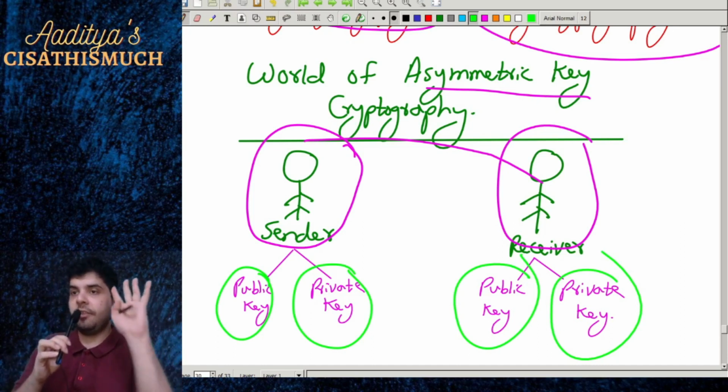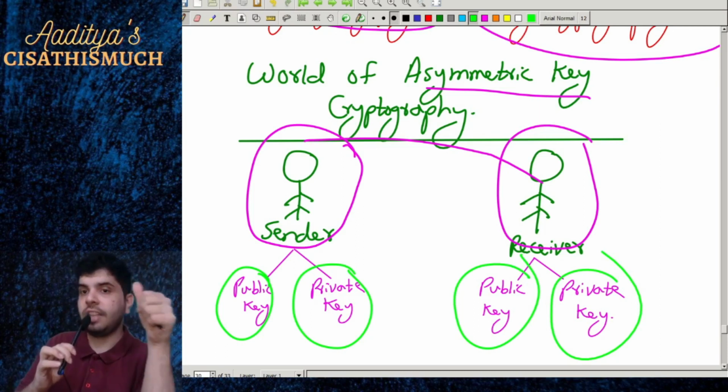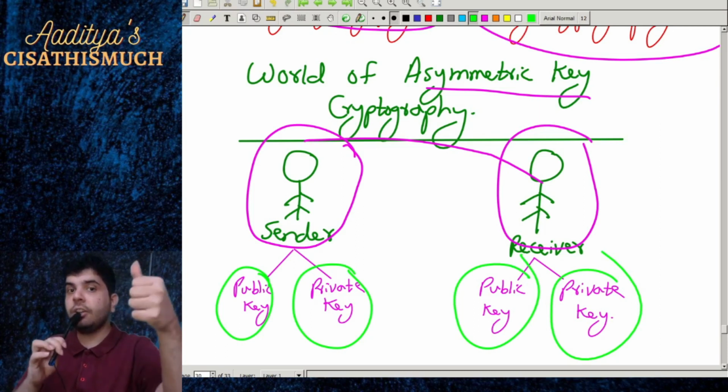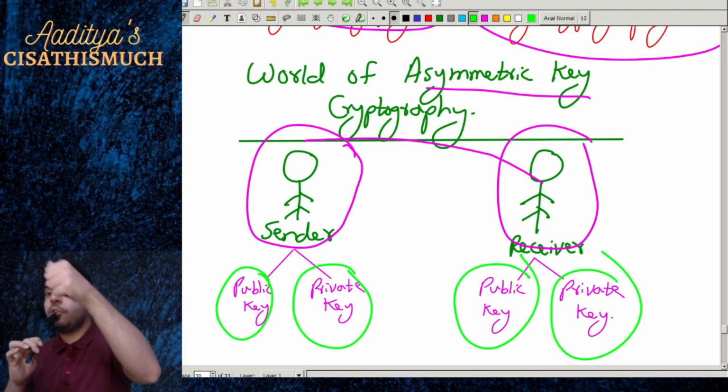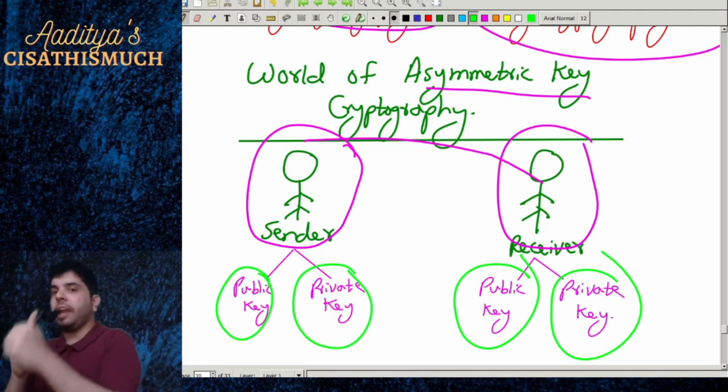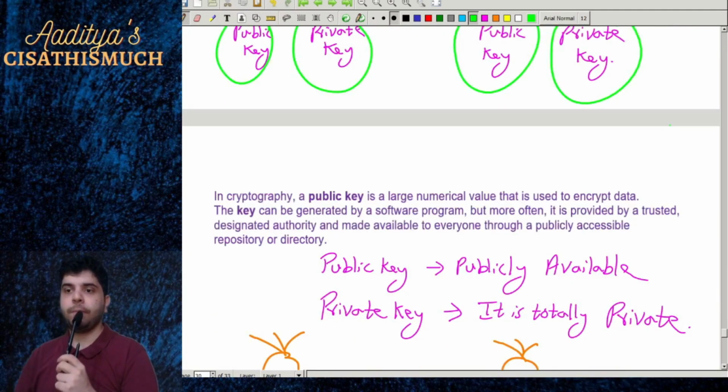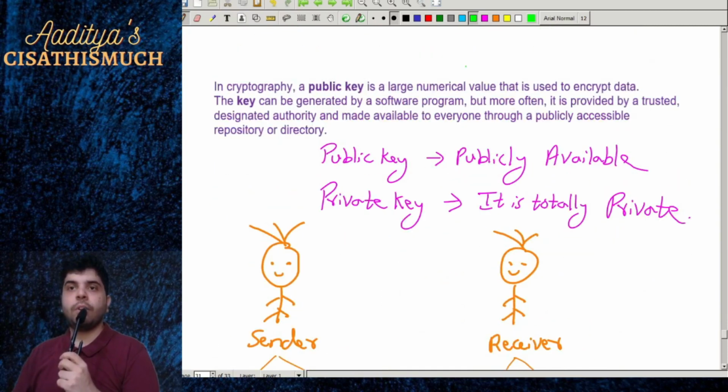So we can say we are looking at four keys: the sender's public key, the sender's private key, the receiver's public key, and the receiver's private key. All right, so what exactly is this public key and private key?